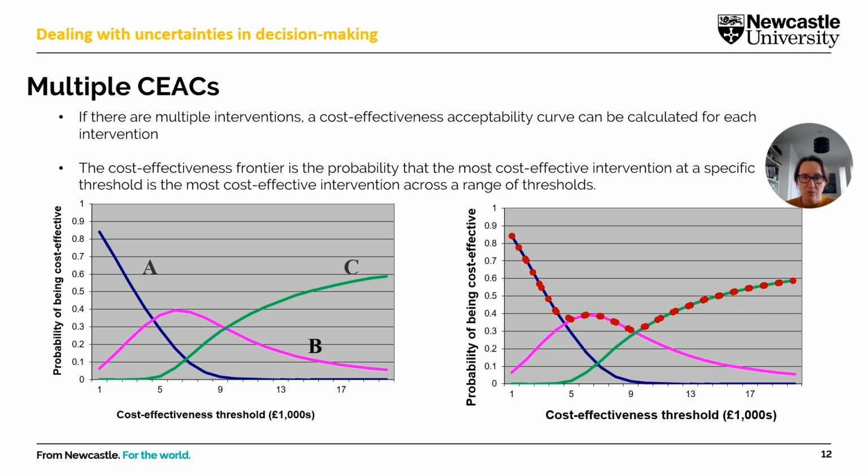We start out with a high probability of intervention A being cost effective at a very low threshold, and as that threshold increases from 1,000 to 5,000, B has the highest probability, and finally C becomes the intervention that has the highest probability of being most cost effective.